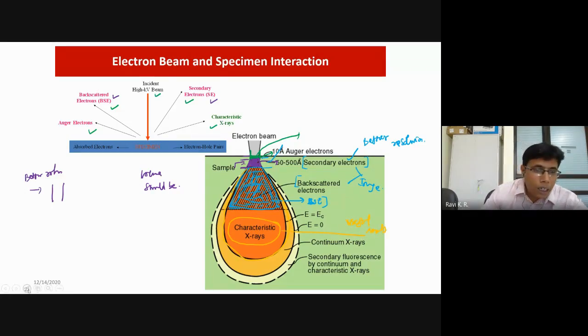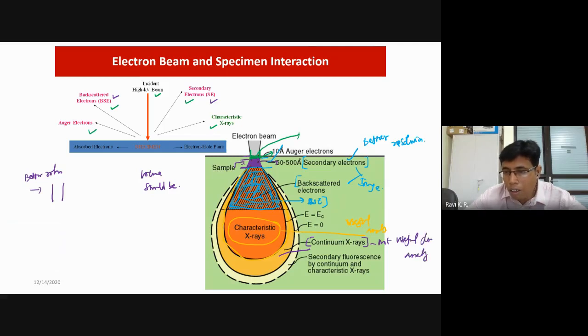We also get continuous X-rays, which we call continuum X-rays, which are not useful for analysis. We will discuss what continuous X-rays and characteristic X-rays are in the X-ray diffraction portion.